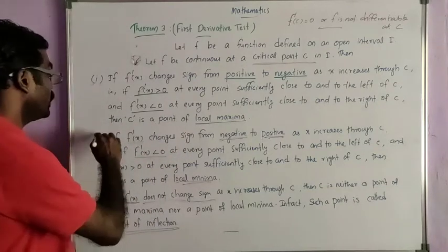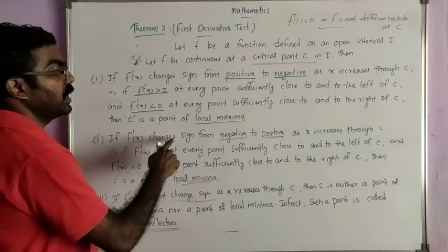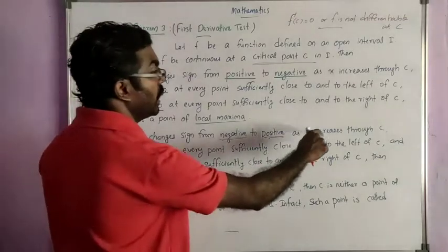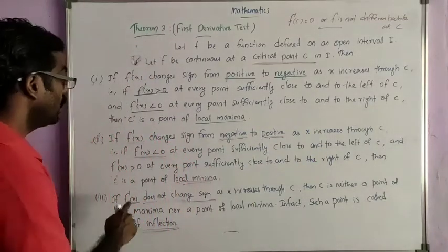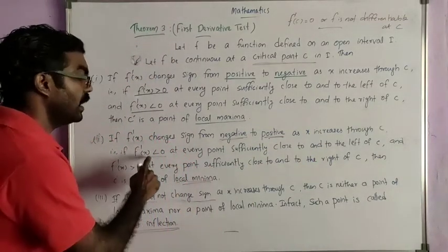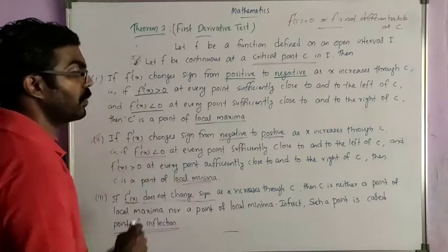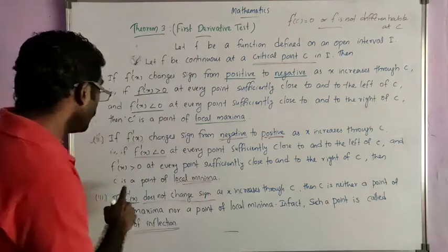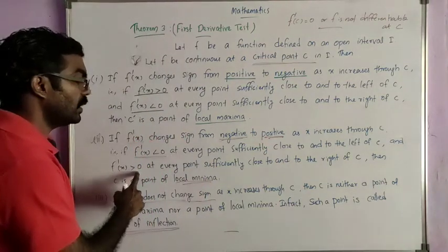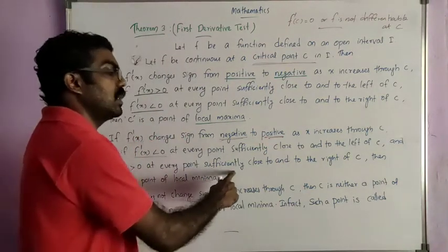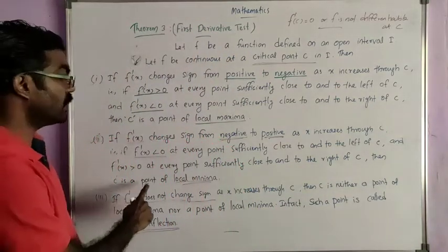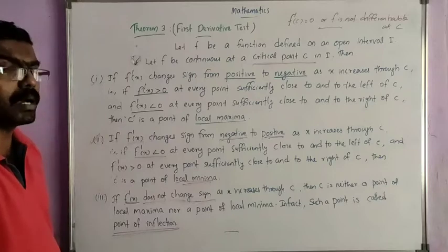And the second point is, if f dash of x changes sign from negative to positive as x increases through C, that is if f dash of x is less than 0 at every point sufficiently close to and to the left of C, and f dash of x is greater than 0 at every point sufficiently close to and to the right of C, then C is a point of local minima.